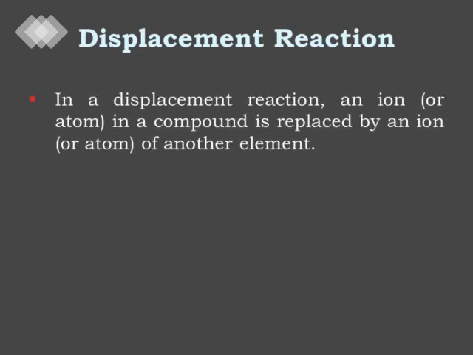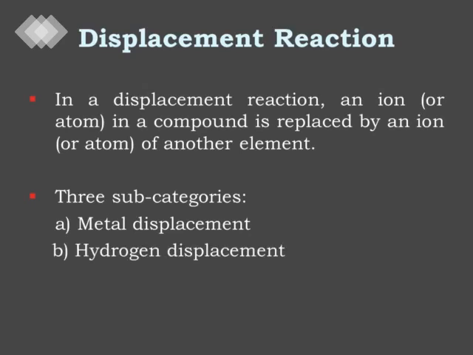In a displacement reaction, an ion or atom in a compound is replaced by an ion or atom of another element. It can be divided into 3 subcategories: metal displacement, hydrogen displacement, and halogen displacement.